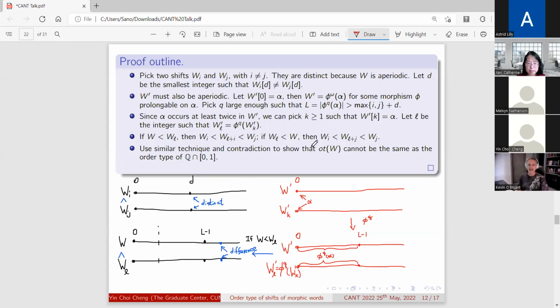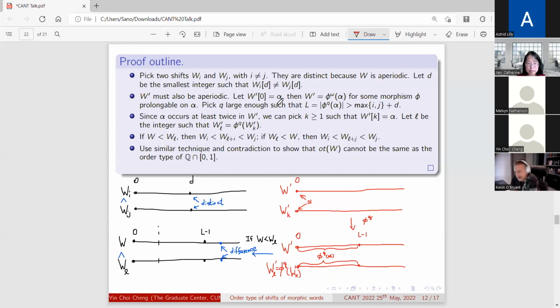Next, we look at the pre-image. Since W is aperiodic, W prime must also be aperiodic. We let the starting letter be alpha, then W prime equals phi omega of alpha for some morphism phi prolongable on alpha.